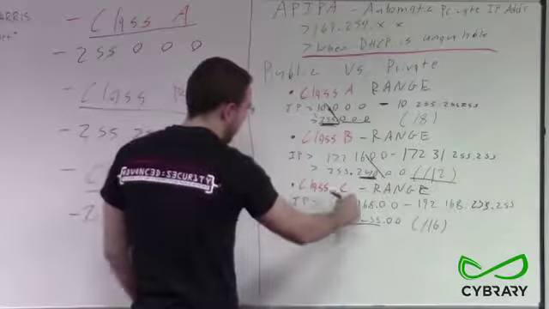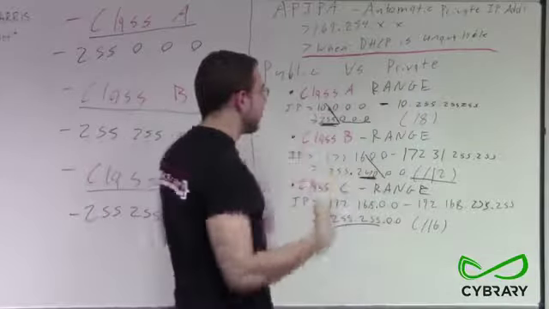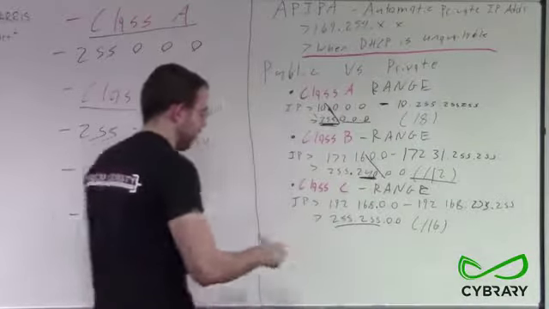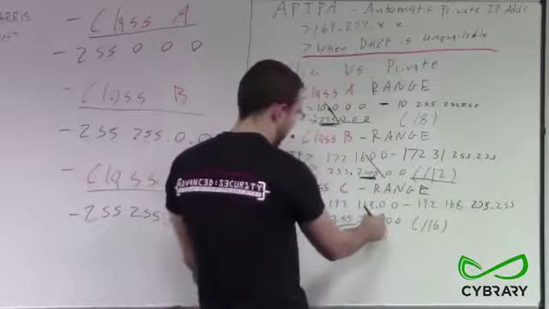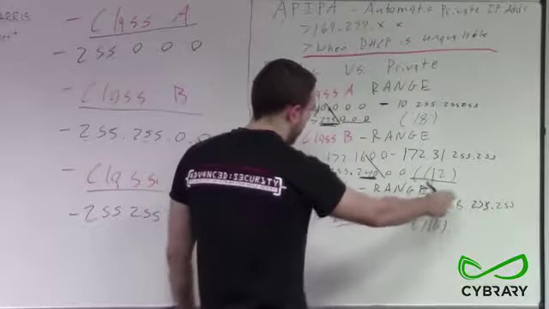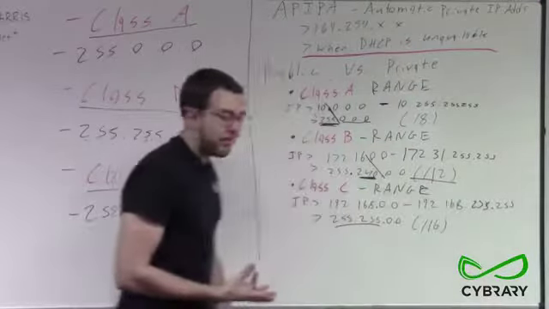Then class C, our range for our private IP addresses are going to be 192.168.0.0 through 192.168.255.0.